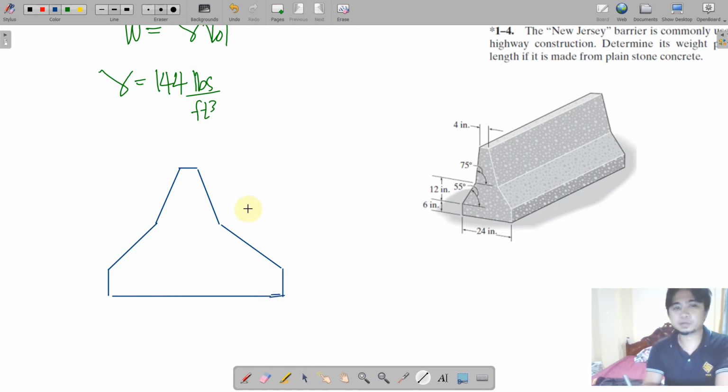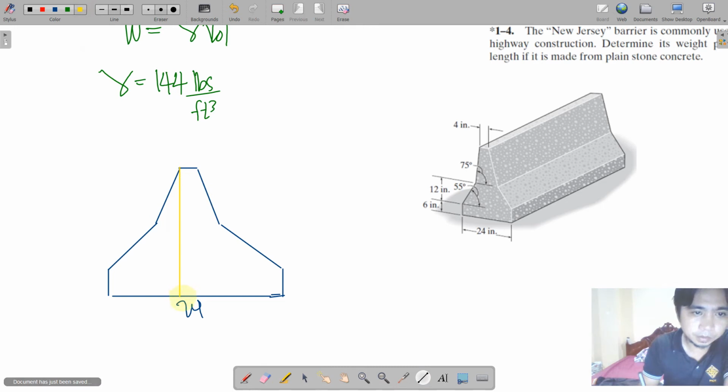Okay, so this is assumed to be symmetrical. So the bottom dimension here is 24. Of course, we can actually convert this into composite areas. I'll just have straight edges here.